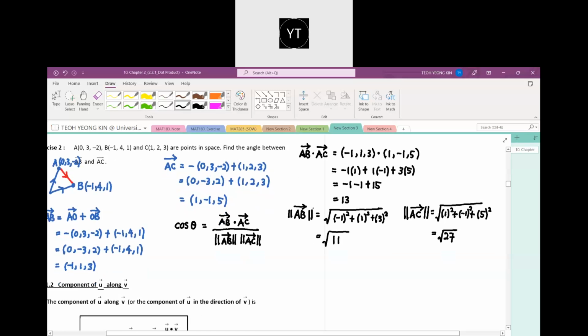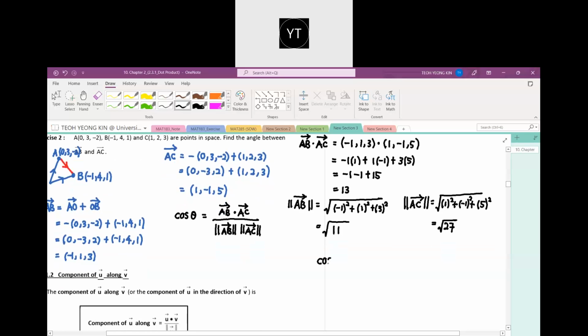So now we have all the values, we can substitute into the formula. Cos theta is equal to the dot product of AB and AC, which is 13, divided by the magnitude of AB, which is square root of 11, and the magnitude of AC, which is square root of 27. So finally, theta is cos inverse of 13 over square root of 11 times square root of 27.